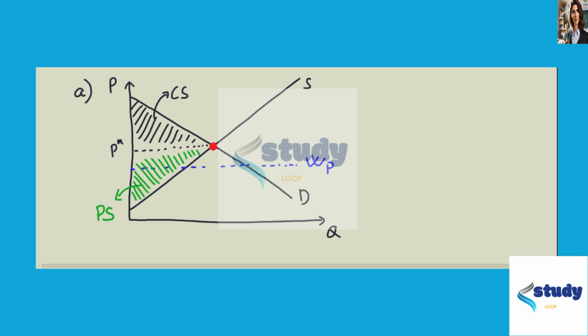Okay, so what happened when the economy is open to trade with a lower world price? Now you can see that consumer surplus will increase. So you will add to the initial consumer surplus this area.